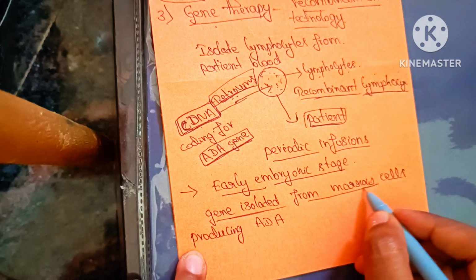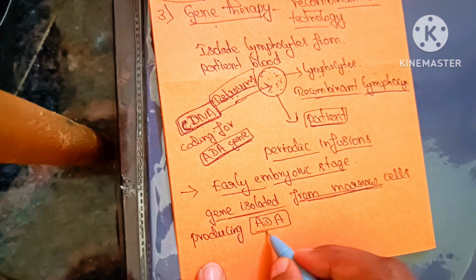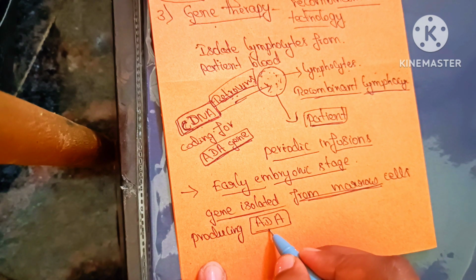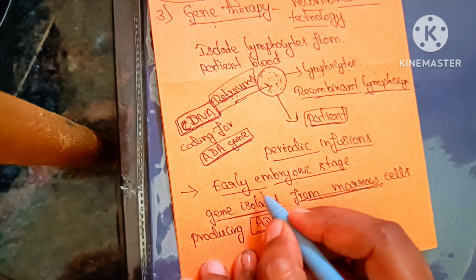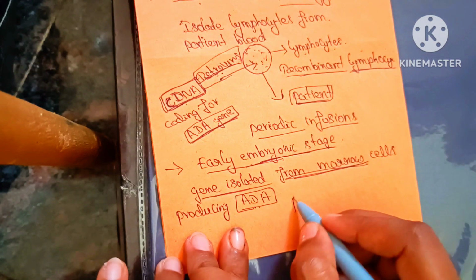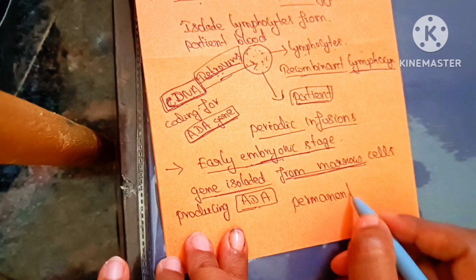Marrow cells are nothing but stem cells. They have the capacity to produce ADA. That is, the normal ADA gene is present in them. If those cells are introduced into the early embryonic stage, then this would be a permanent cure.